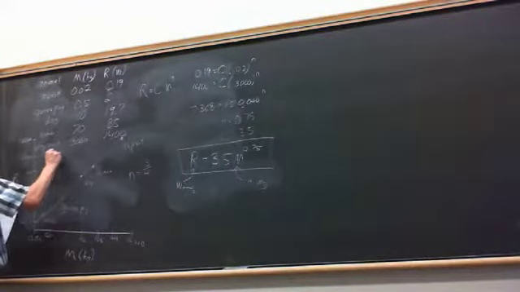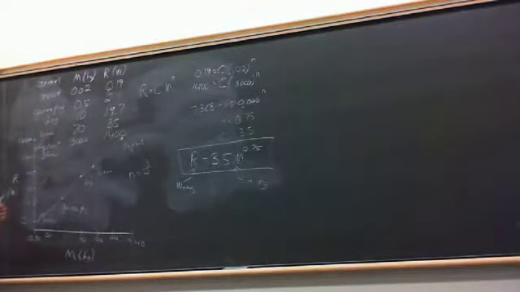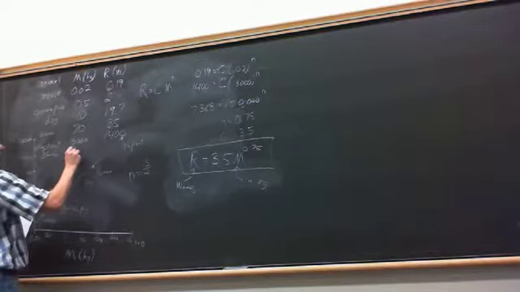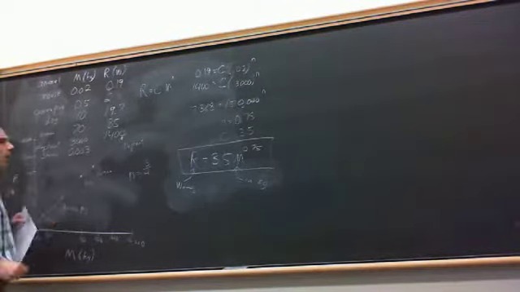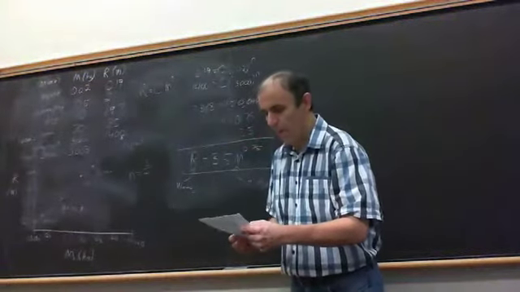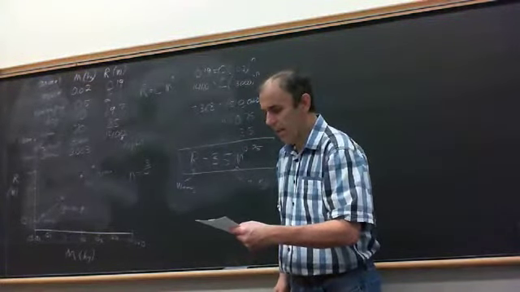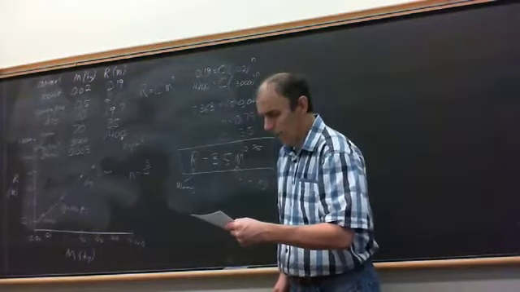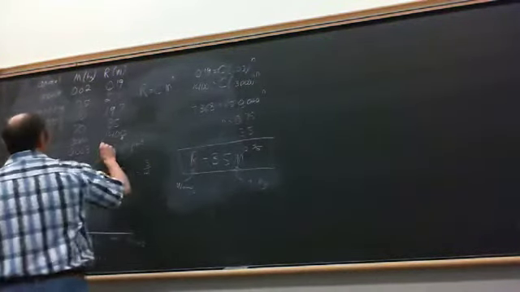A shrew is a tiny little mammal. It's got a mass of 3 grams. A gram is kind of like a paper clip. So this is a really small mammal. And it has a metabolic rate of 0.045.